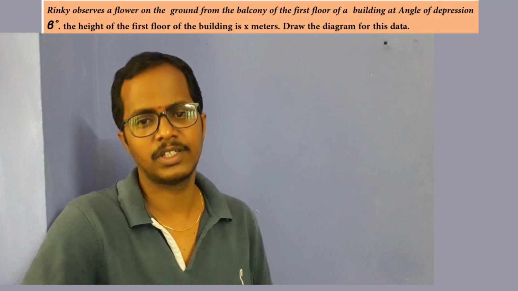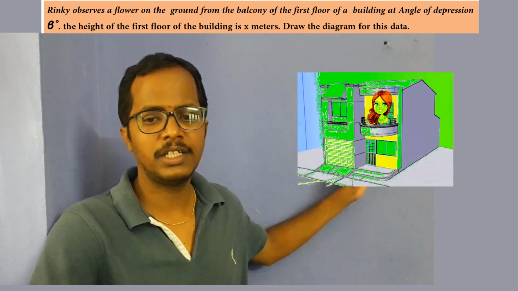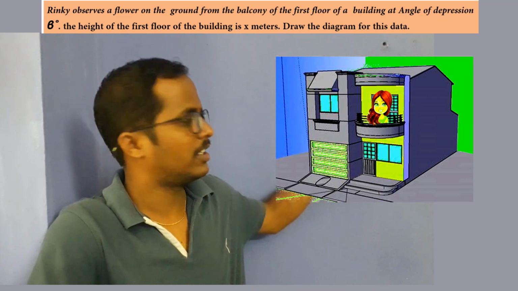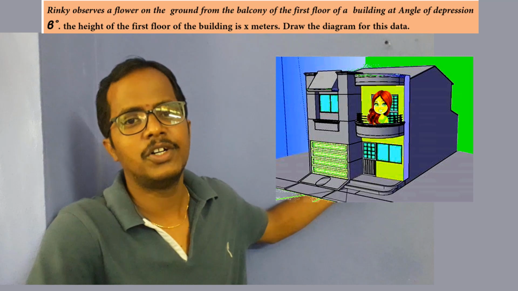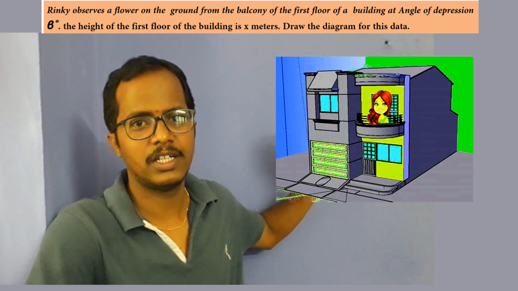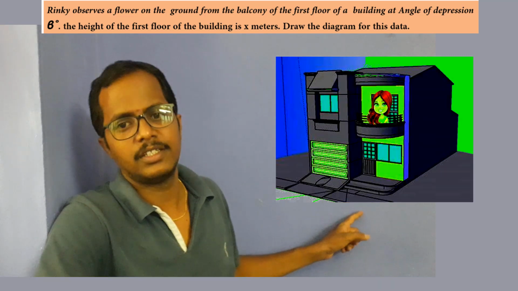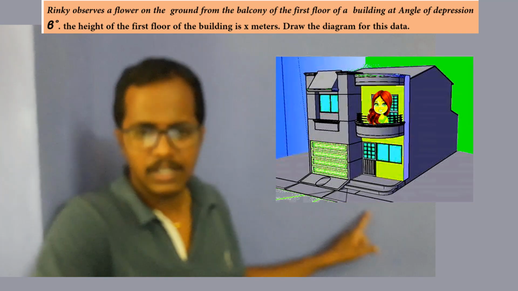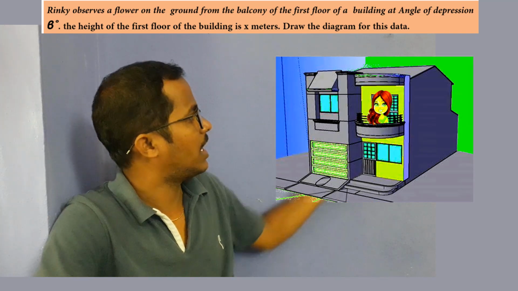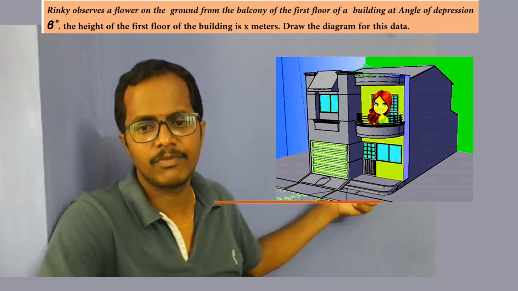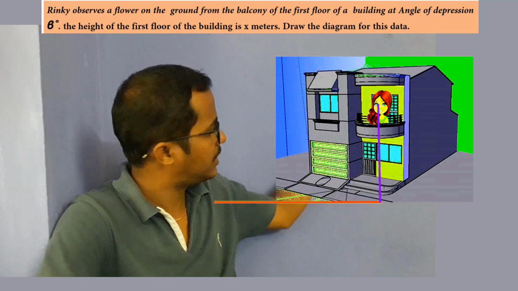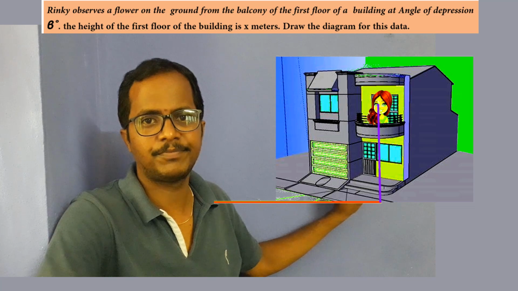Let us see how. Let us take the building and also take the girl Rinky, who is standing on the first floor of the building. Now let us represent the height of the first floor of the building with a line segment AB, and its height is given as x meters.